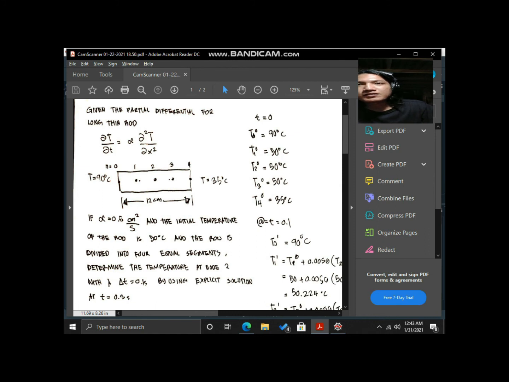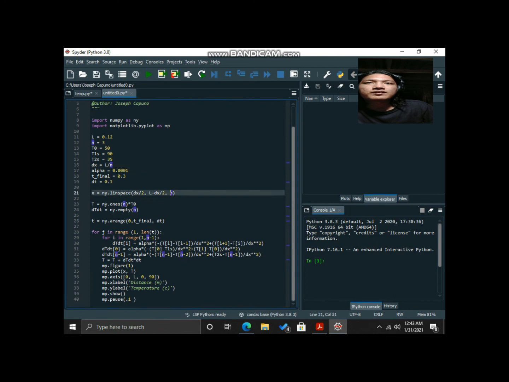Pero kung dx over 2, dito pa lang yan siya. So ang gagawin natin is itong length na to, i-minus natin siya dito sa dx over 2 nito. Bali dito na lang yung makuha natin sa part na yan. Tapos itong pangatlong number is yung n, yung difference nila.